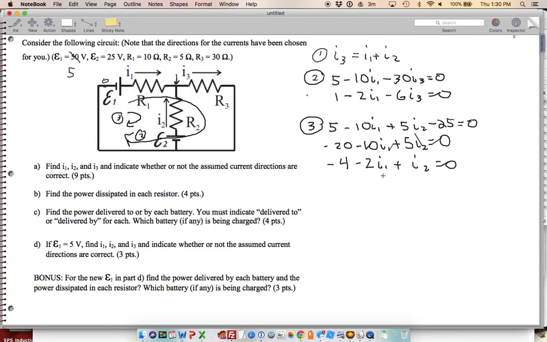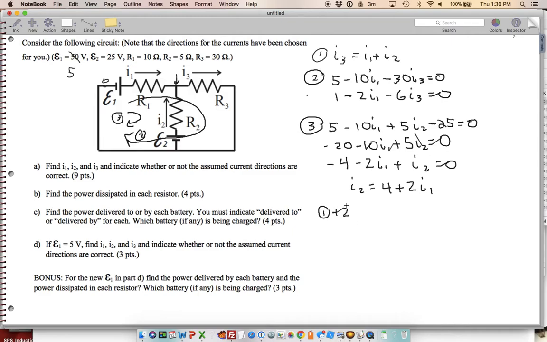Right, so here I'm going to rewrite this to say I2 is equal to 4 plus 2 I1. I'm going to take 1 and 2 and put them together, and substitute in I3 right here in 2.